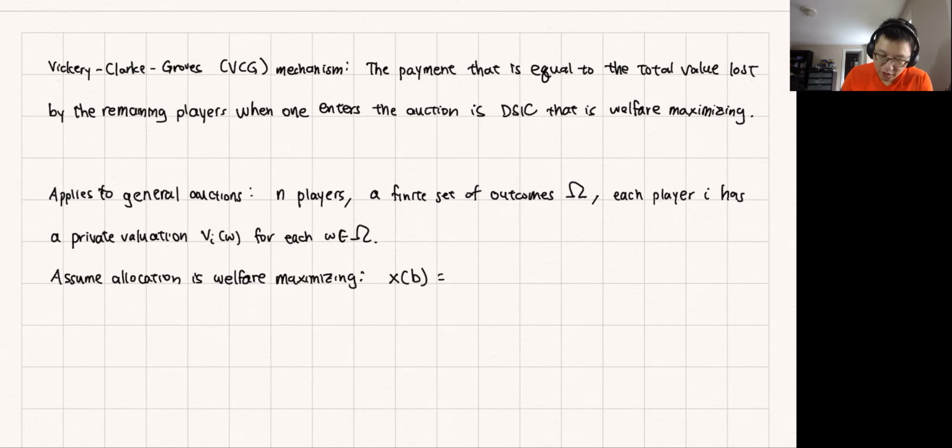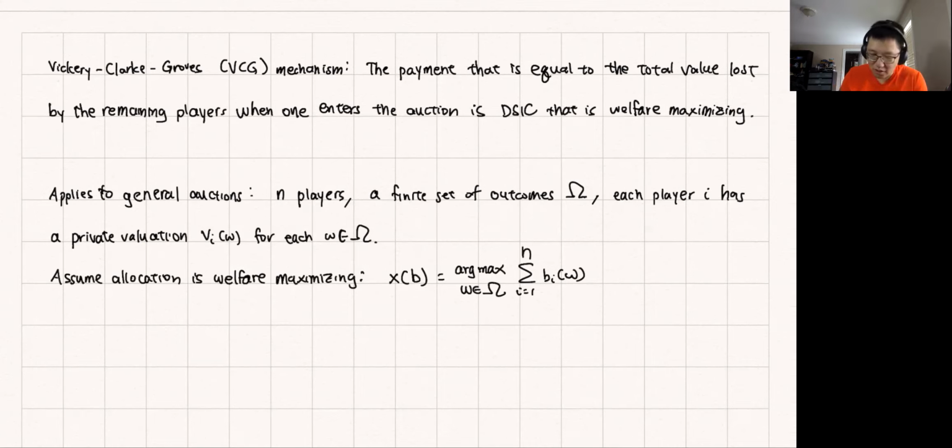We have bids from each player, and you look at the maximum possible among all the outcomes of the sum of the values of the outcome, i from 1 to n.